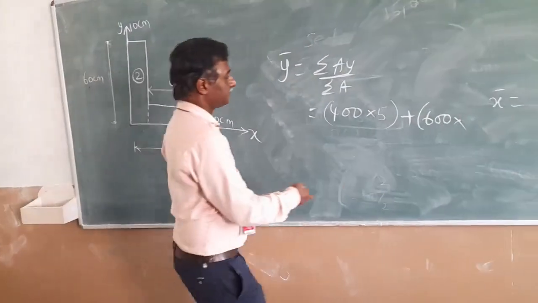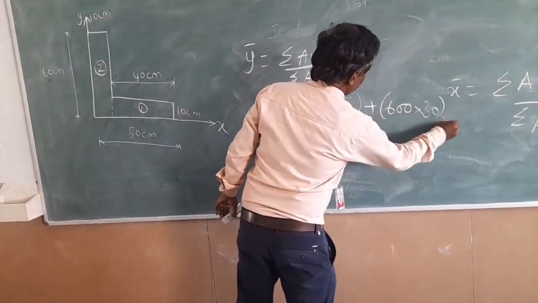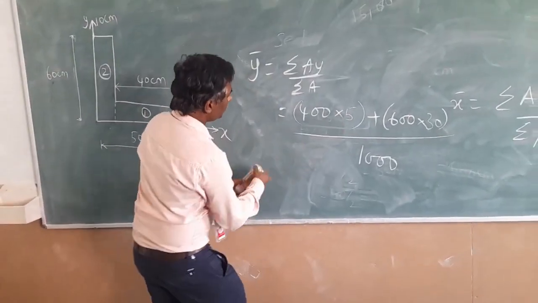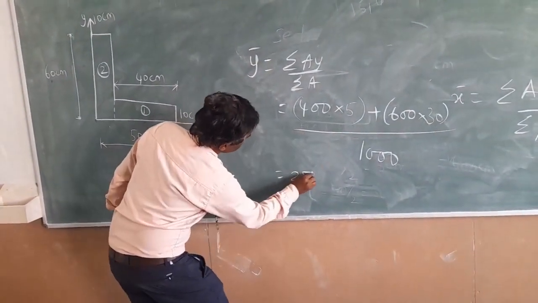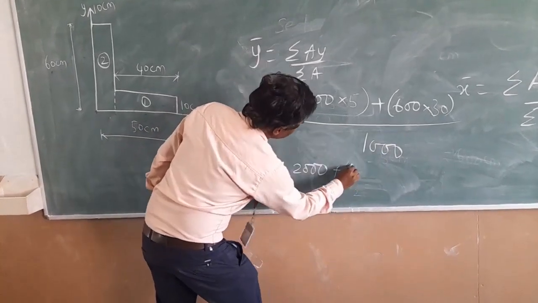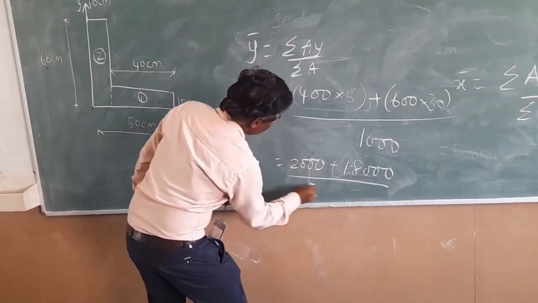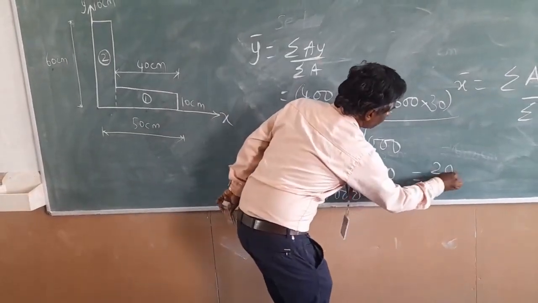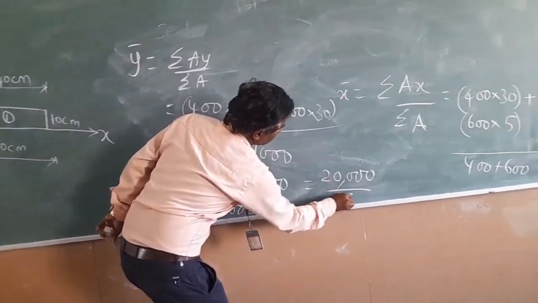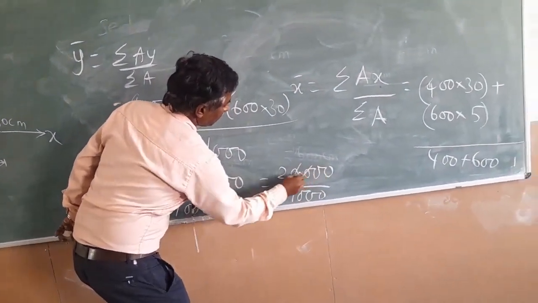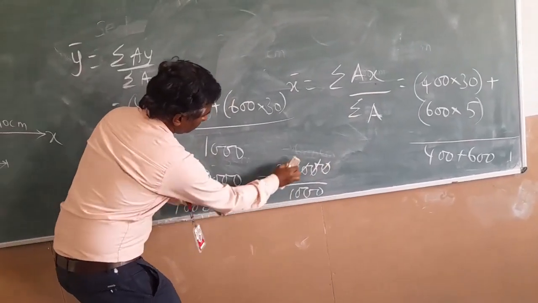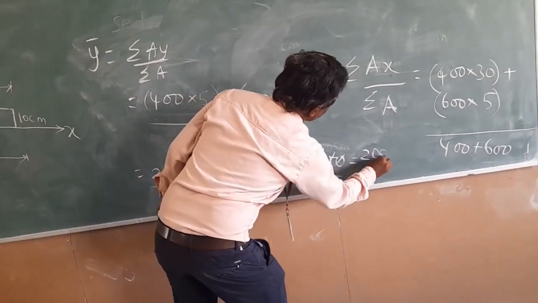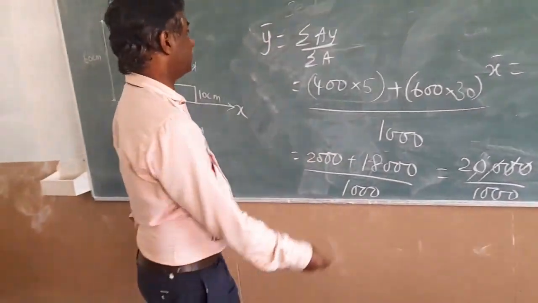Directly it is 30, divided by 1000. So 400 into 5 is 2000, plus this is 18,000, divided by 1000. So this is 20,000 divided by 1000. Finally, 20 is the answer. So y bar equal to 20 centimeter.